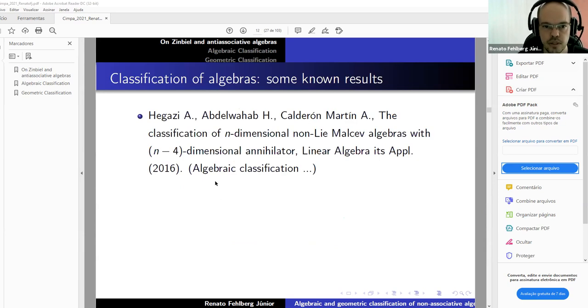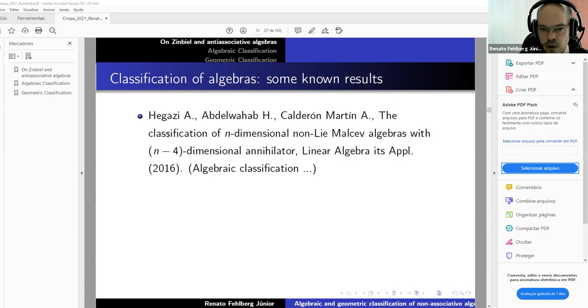Okay, now let us talk about some known results about algebraic and geometric classification of algebras. And here again, I will just talk about some few recent papers. Okay, the first is about the classification of n-dimensional non-Lie Malcev algebras.